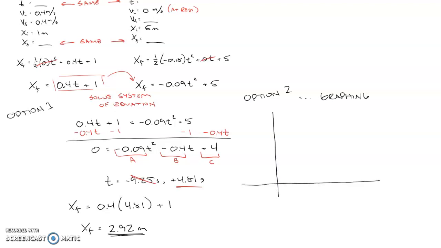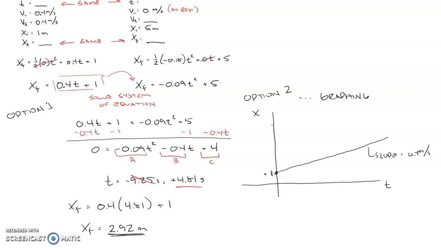If I plot the Army car, it's going to start at a position of 1, and it's going to move away from that position in the positive direction at a steady rate. It's going to have a slope of 0.4 meters per second, right? That's our velocity on a position versus time graph.